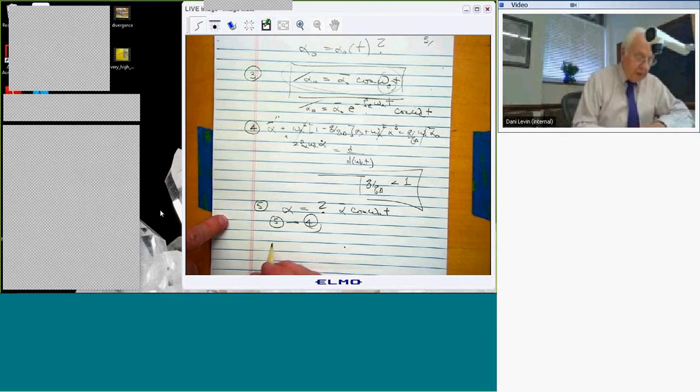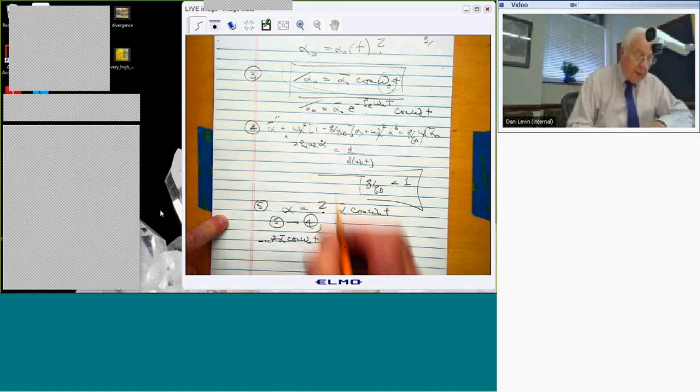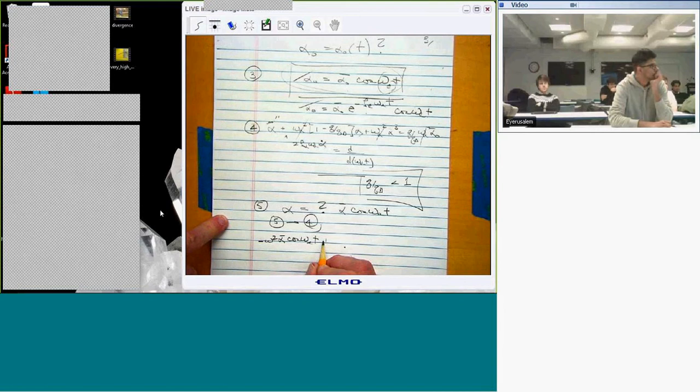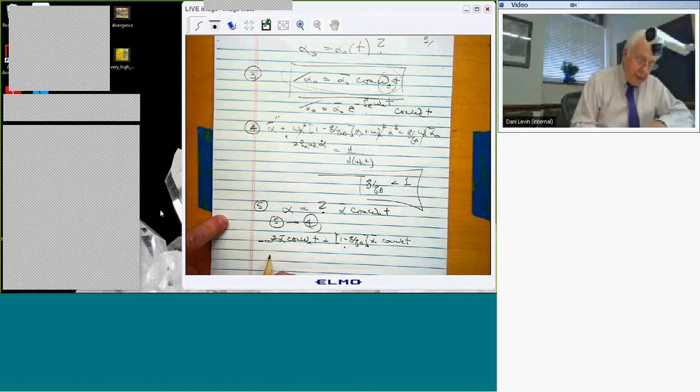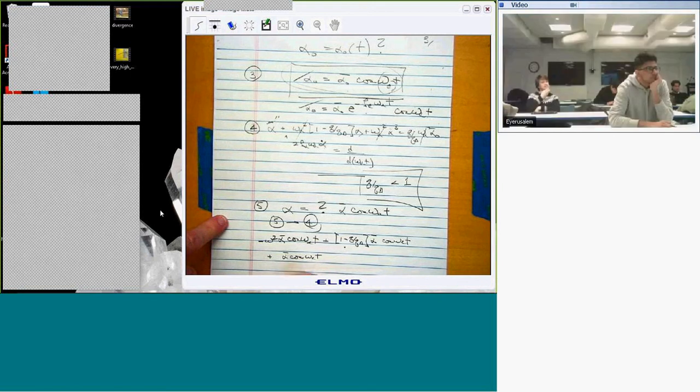then I'm going to have what? I'm going to have minus omega squared alpha bar cosine omega_E t, that's this term, plus this term will be 1 minus Q over Q_D, alpha bar cosine omega_E t. And then I'm going to have plus alpha bar cosine omega_E t, all cubed, equals Q over Q_D.